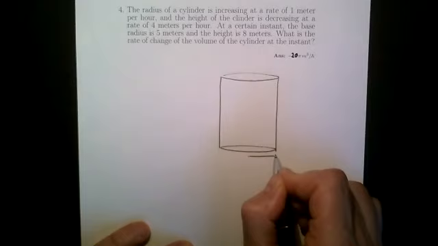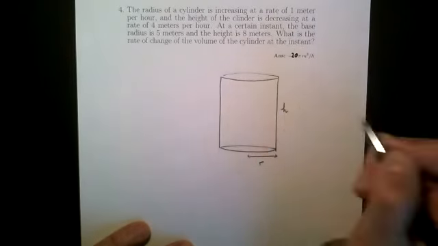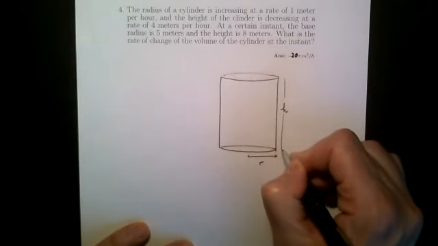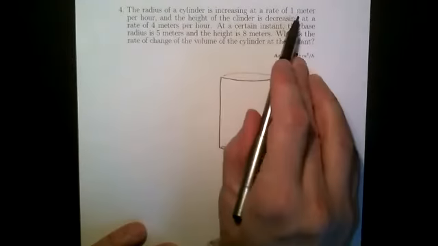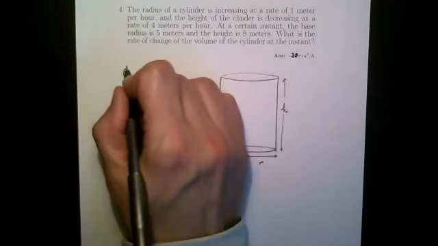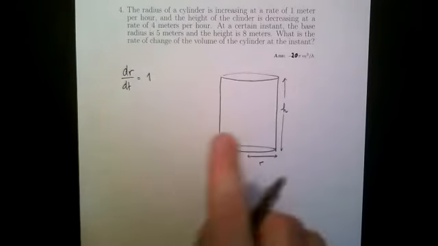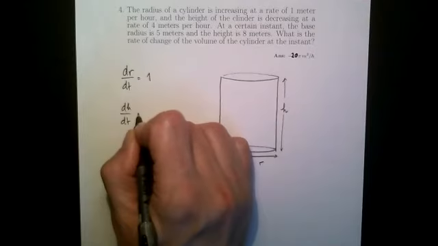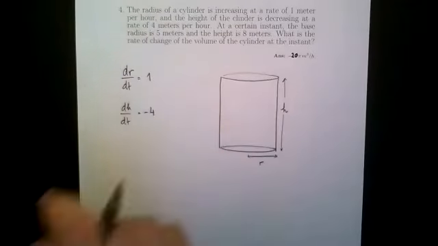So I have a radius here, R, and I have a height here, H. Okay, what's given to me? The radius is increasing at 1 meter per hour, so dr dt, this is given to me as 1. And the height is decreasing, so dh dt is decreasing at a rate of 4, so minus 4.